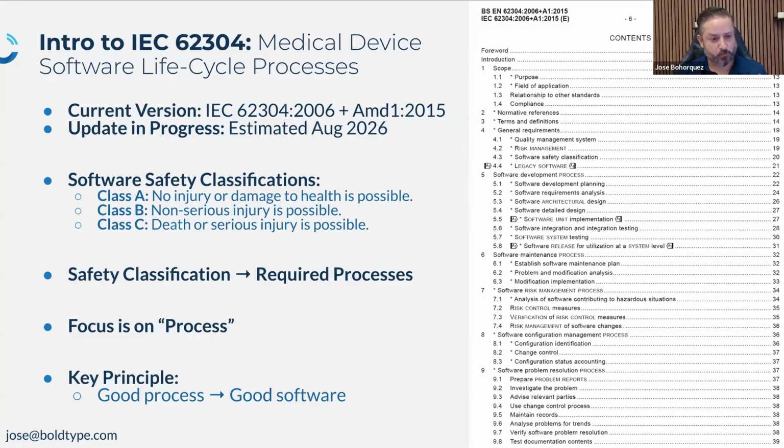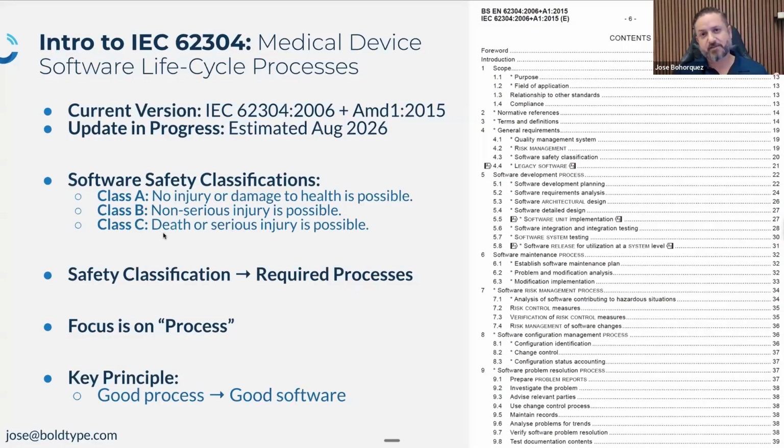The big question, and we'll look at the flow chart next, is: if the software could fail and no damage, no harm, no injury is going to happen to somebody, then you're class A. In our experience, that's quite rare. I would say the majority of software falls into class B, and very little into class A. Class B is where you could cause injury if there's a failure in the software, but it's non-serious.